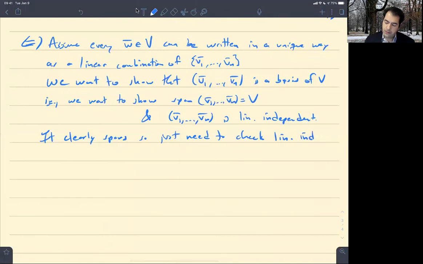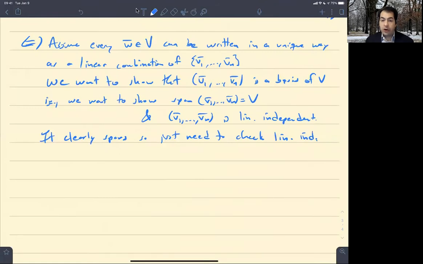Okay, now I mentioned already before that almost every time when you're asked to check linear independence, you start the same way. If you want to show that a set of vectors is linearly independent, what you do is you use them to write zero as a linear combination, and then you show the coefficients have to be zero.